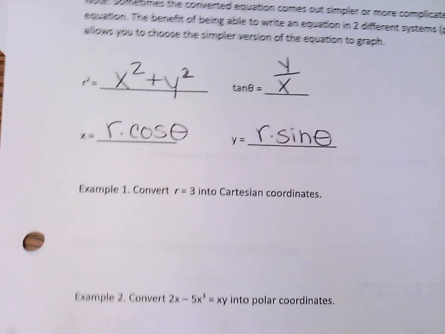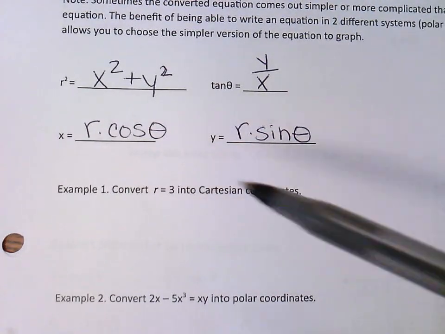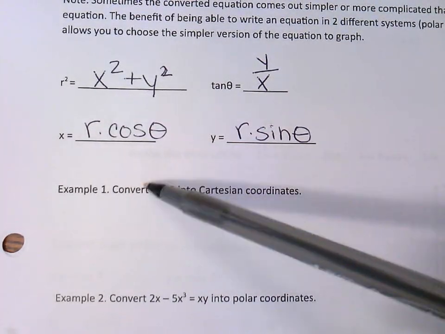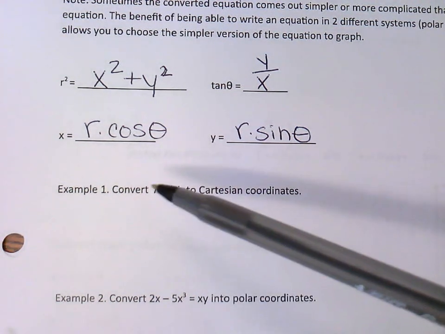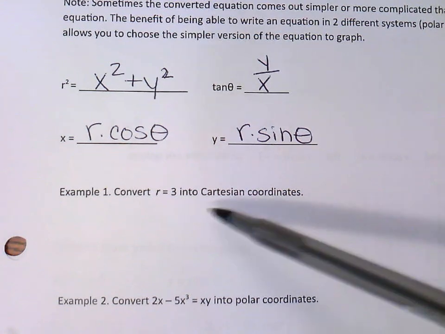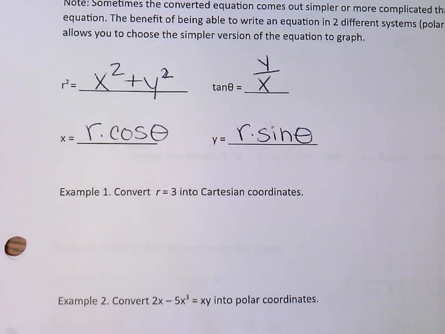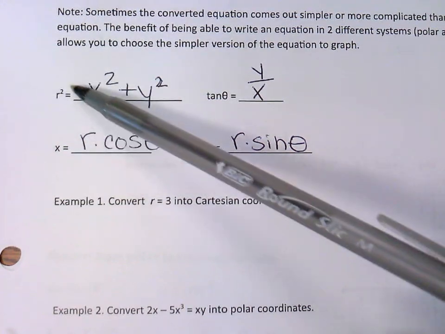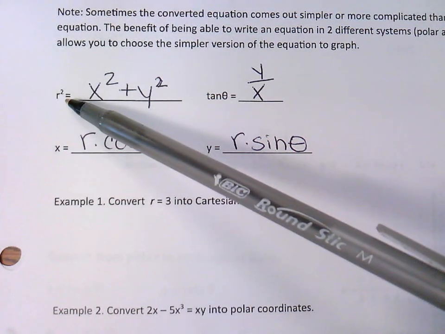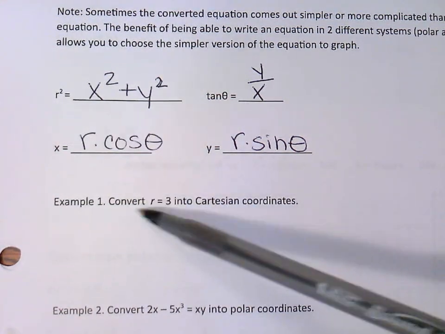So if I just had r equals 3, which is how I write a circle in polar, how would I rewrite that using rectangular or Cartesian coordinates? So I see up here an r squared, so I could easily square both sides of this equation.